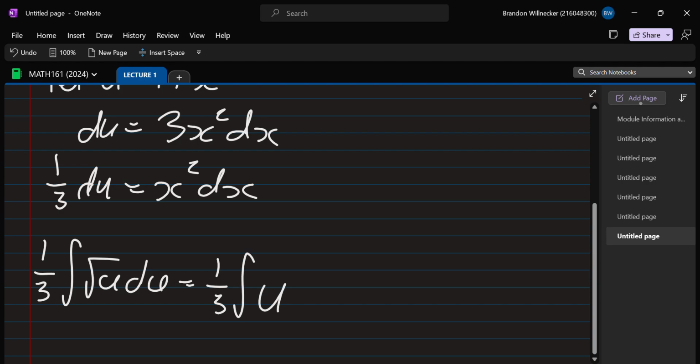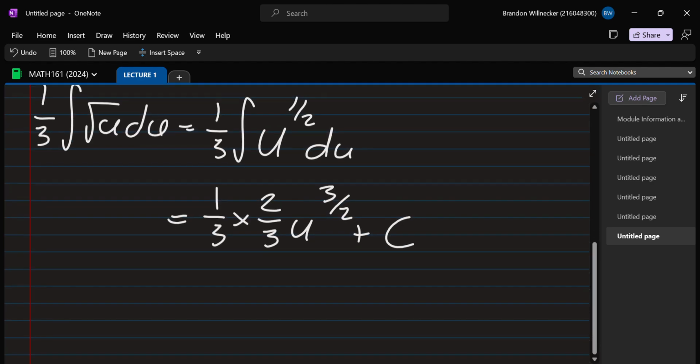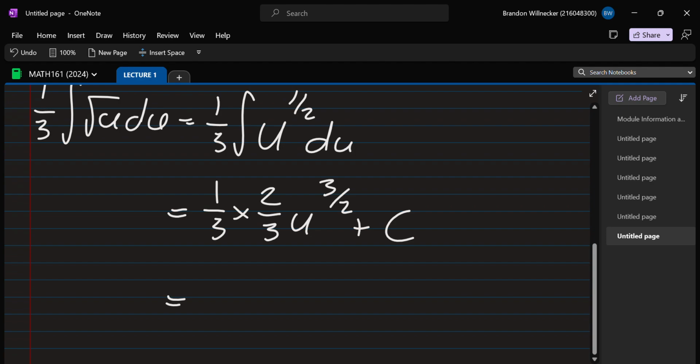So that will be u to the 1/2 du. 1/3 times. Add 1 to the exponent, it becomes 3/2. Divide by that, it becomes 2/3. Plus c. Okay, 1/3 and 2/3, we can multiply that. That will be 2/9.